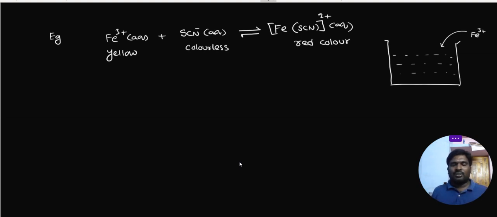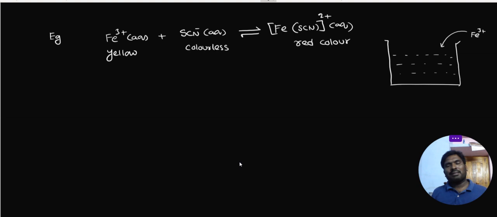Understood? Suppose, for example, you add a small amount of FeSCN 2+ to the equilibrium system. Then what happens? The product concentration increases, and comparatively the reactants are lower in concentration.